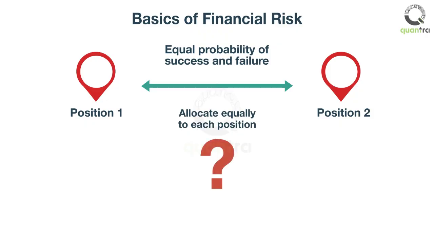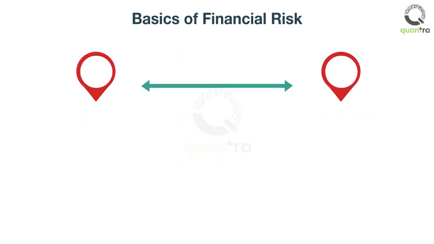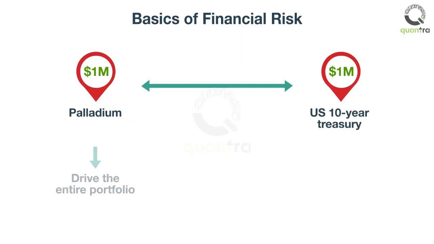But equal what? As you have seen in the previous section on risk, it wouldn't make sense to allocate an equal dollar amount. As we saw there, if you have a portfolio that has $1 million worth of palladium and $1 million worth of the US 10-year treasury, then this portfolio would be driven almost entirely by the more volatile palladium position. For the same reason, it wouldn't make any sense to buy the same number of contracts for each market.